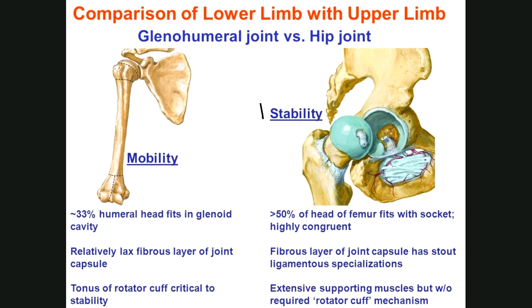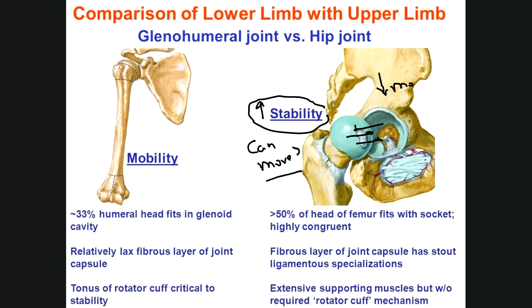Lots of stability. But can you move your hip the same way that you can move your shoulder? There's no way. Because it's so stable, the bones are so tightly held close to each other, and the ligaments are so strong, we have decreased mobility.